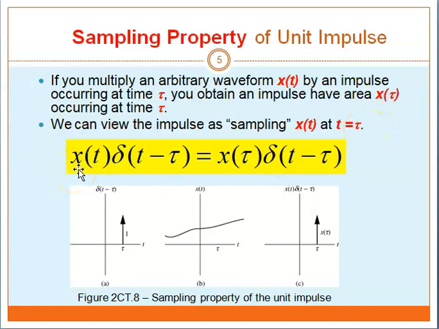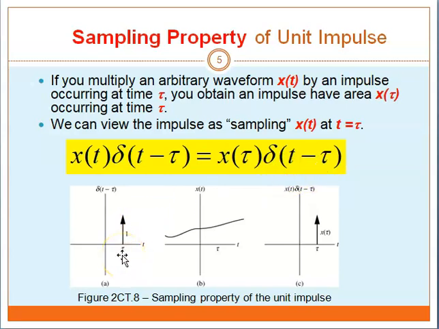So you will have this equation: x(t), the input signal, times the impulse occurring at time tau, will give you an output of x(tau) times the impulse occurring at time tau.